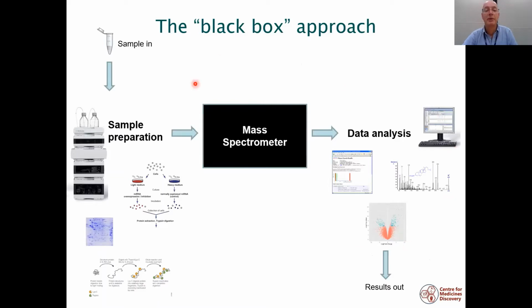The mass spec part of any experiment is relatively fast in comparison, and I've drawn the mass spectrometer here as a black box, and it is perfectly acceptable to accept a black box approach and not worry too much about what is actually happening inside the mass spectrometer, and you can focus on getting your sample preparation correct and doing your data analysis.